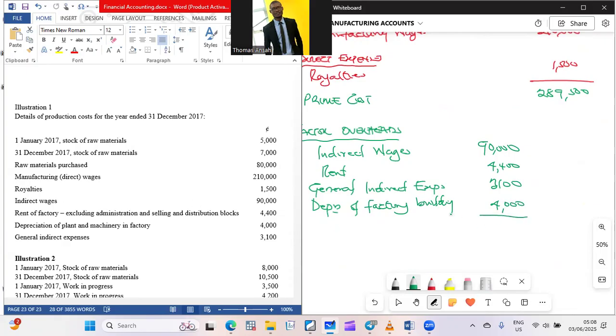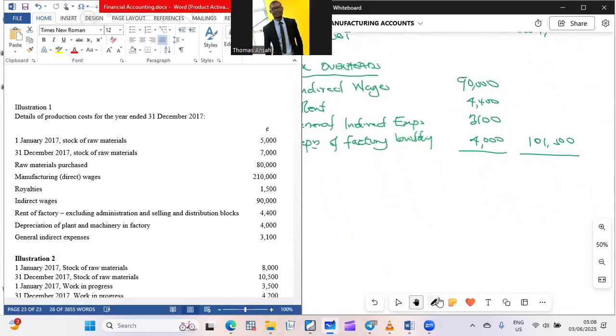If we add all our total overheads together, that is looking like 101,500. So what is the total cost that we are taking? You finish producing the thing, that looks like 391,000. So this is production cost.